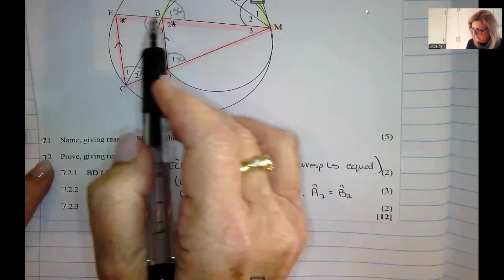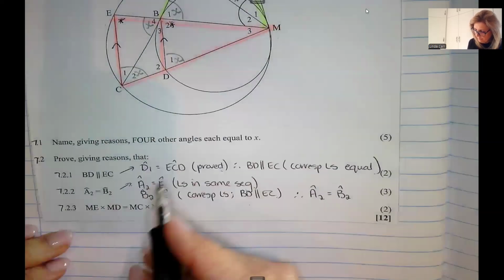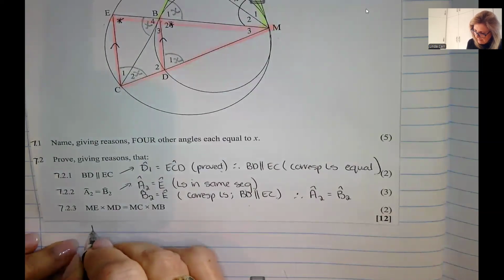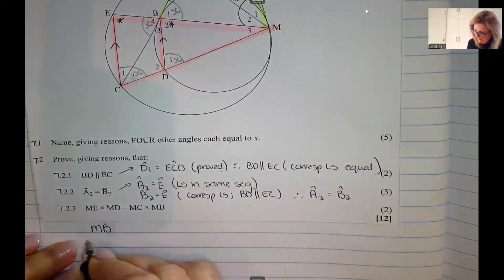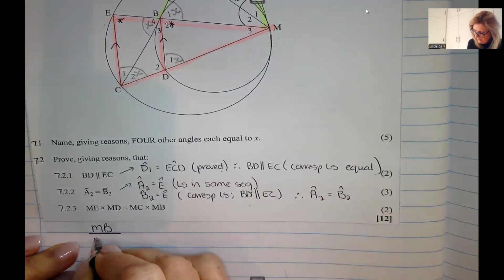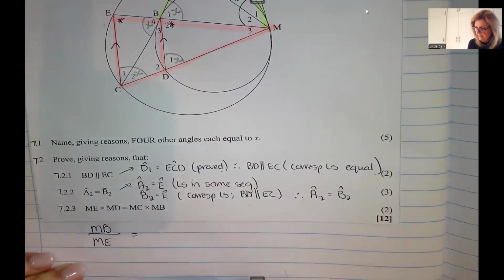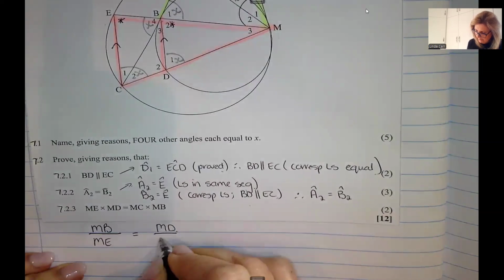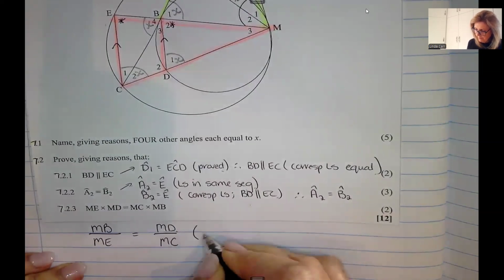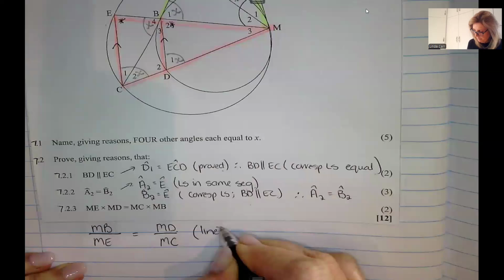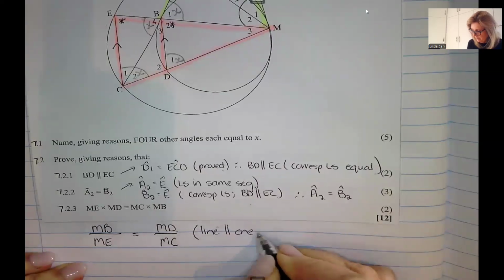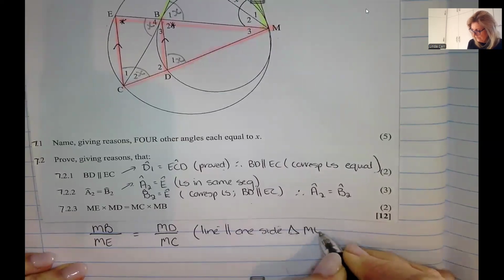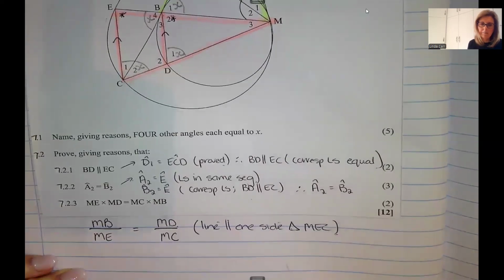So within this pink triangle, because of those parallel lines, I can say that MB over ME is the same as MD over MC, and that's proportionality theorem, or line parallel to one side of triangle MEC.